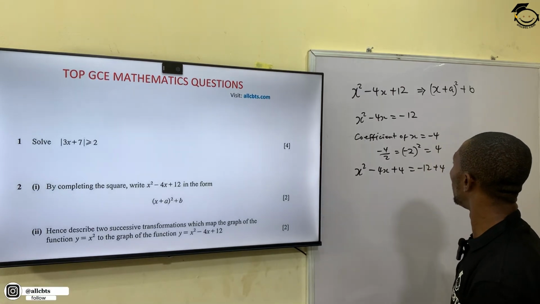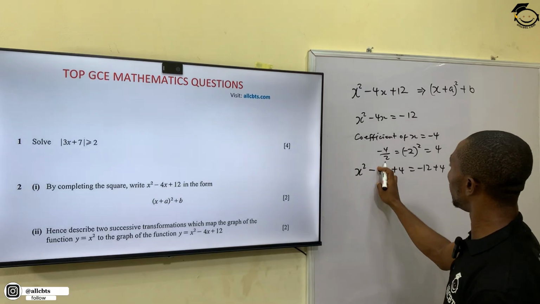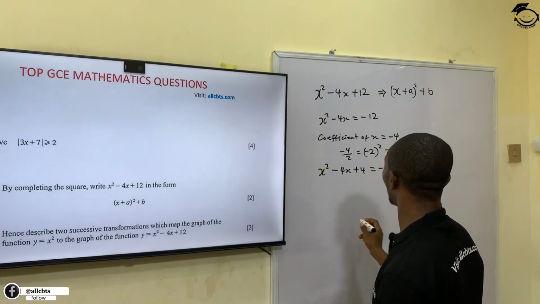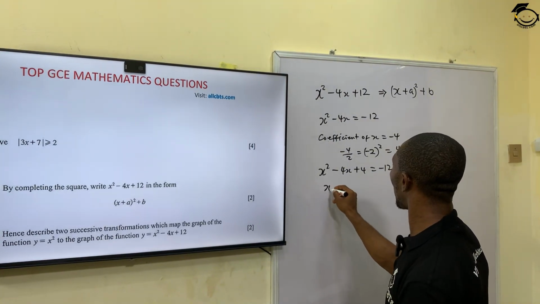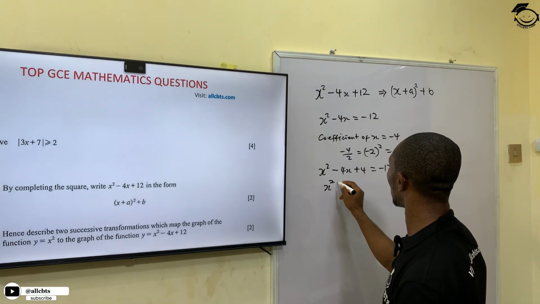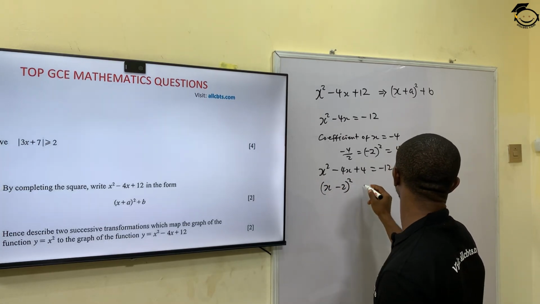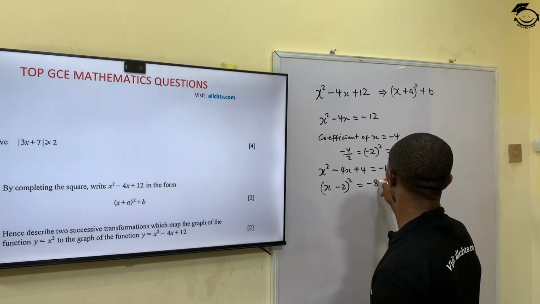All right, now for us to eliminate this, we'll replace with x minus 2 all squared equals minus 8.